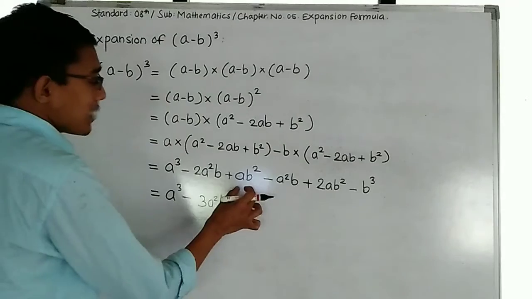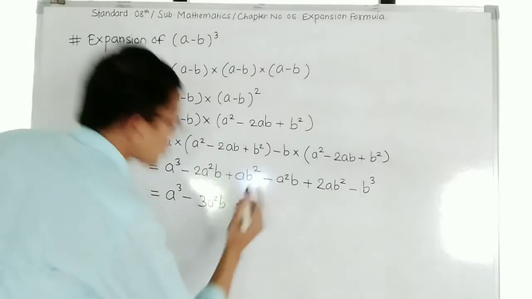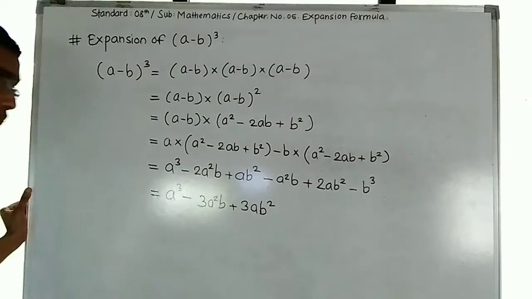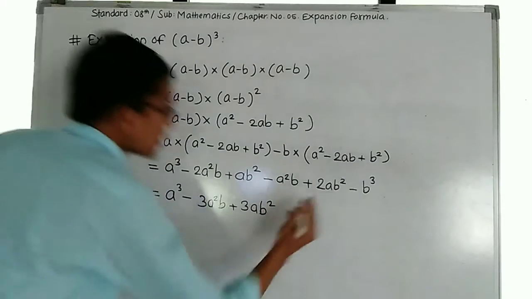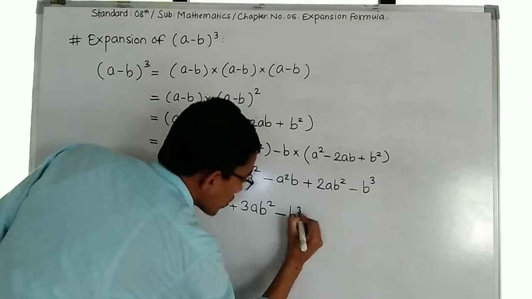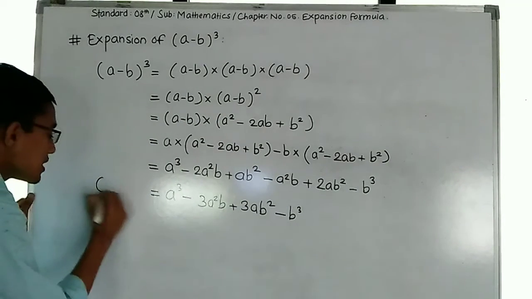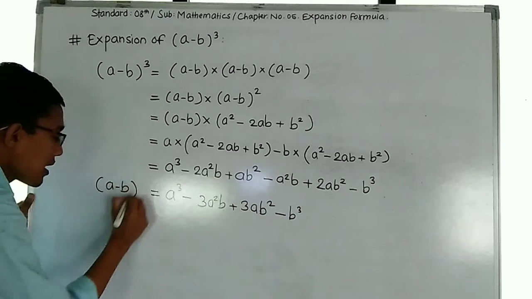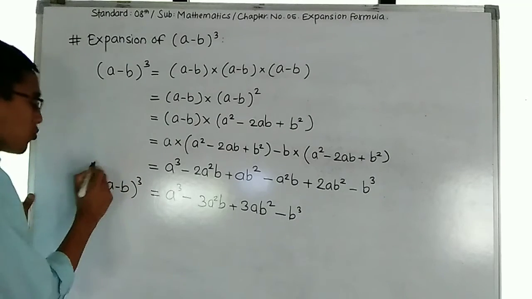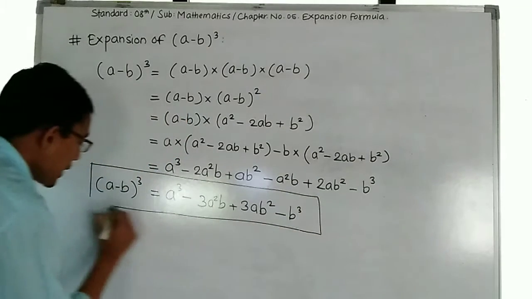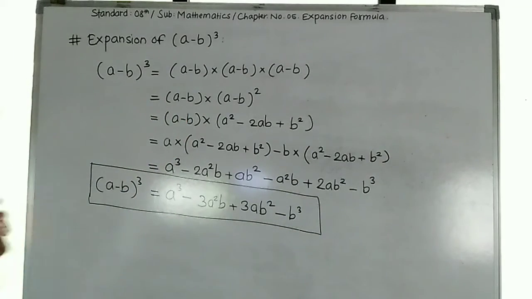Then ab square plus 2ab square is nothing but 3ab square, and minus b cube as it is. So here we got the expansion of (a minus b) raised to cube equal to a cube minus 3a square b plus 3ab square minus b cube. So this is the required expansion of (a minus b) raised to 3.